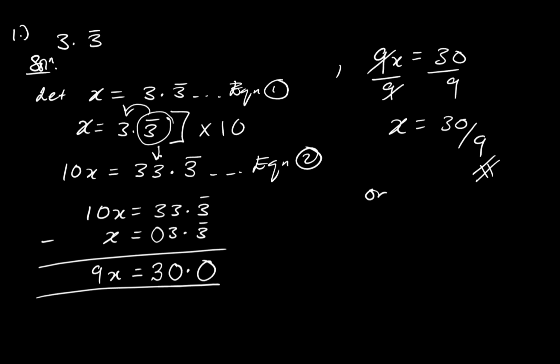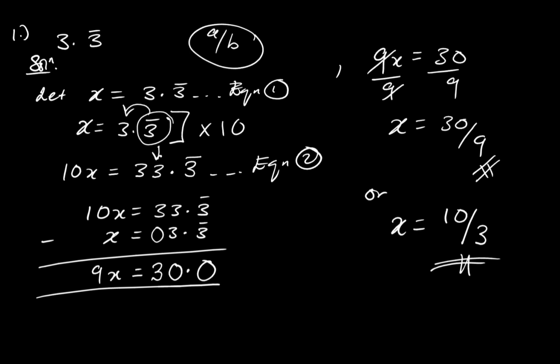So all you have to do is ask yourself what number can go into 30 and 9 without leaving a remainder, and that number is basically 3. So you have x being equal to 10 over 3. And this will be the form in which you've been asked to find, because it should be in the form of a over b, and you have a numerator over a denominator.